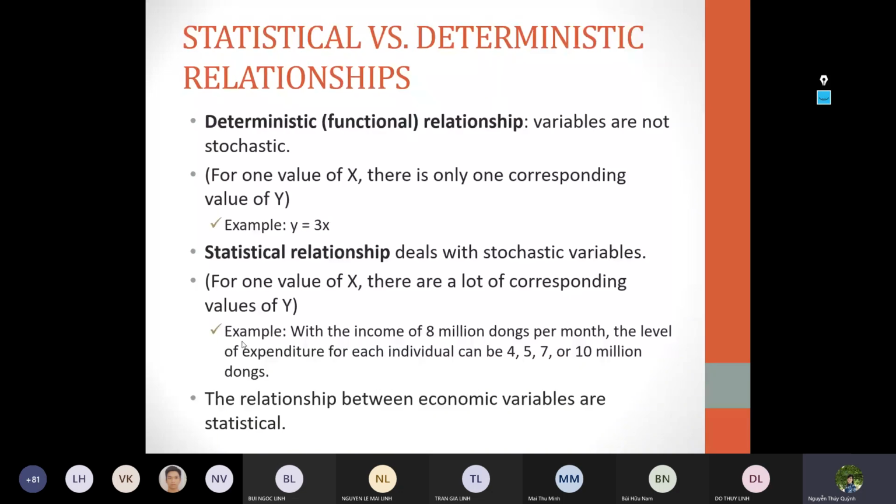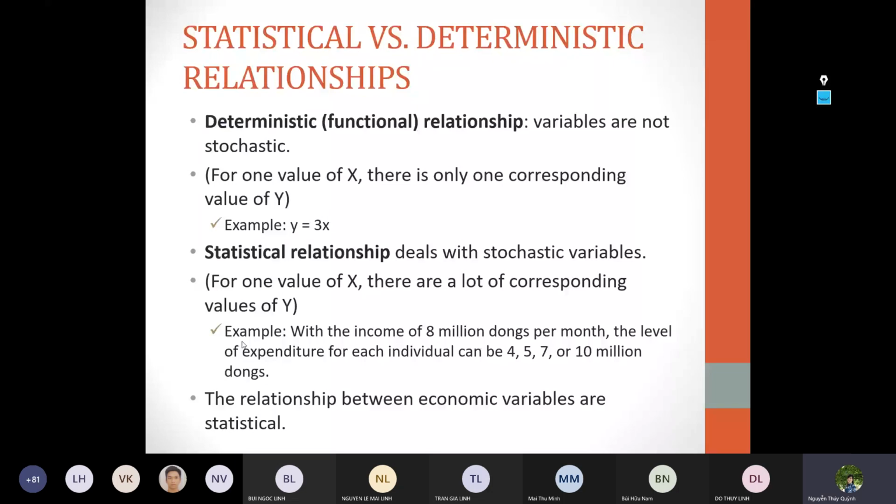A deterministic or functional relationship is the type of relationship that we usually see in mathematics. For one value of the variable x, we have only one corresponding value of variable y. This relationship is often seen in math or in science, like physics or chemistry.